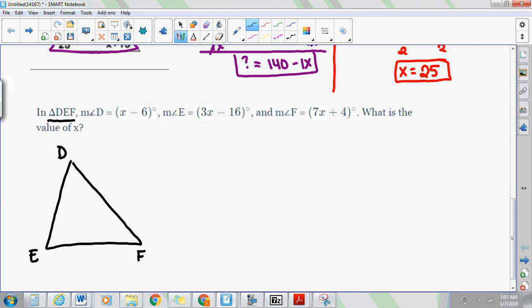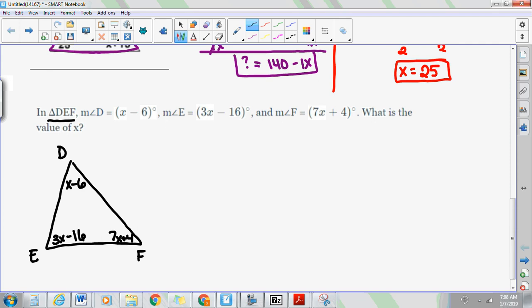It says the measure of angle D is x minus 6. Doesn't really matter if you put the parentheses or not. The measure of angle E, which is this guy, is 3x minus 16. And the measure of angle F is 7x plus 4. And it asks, what is the value of x?